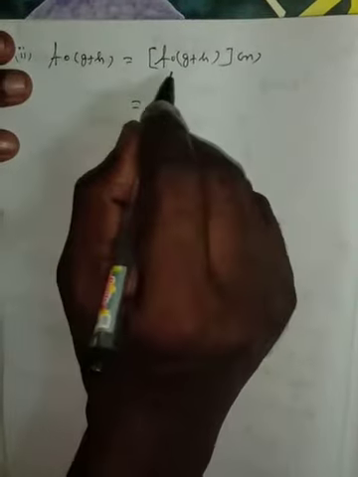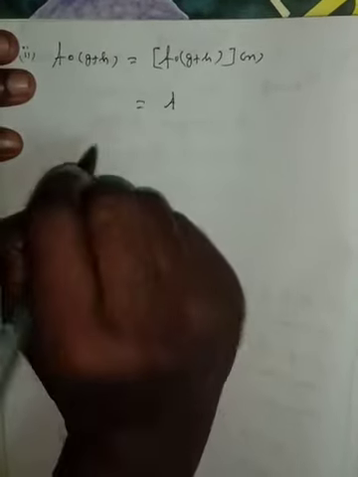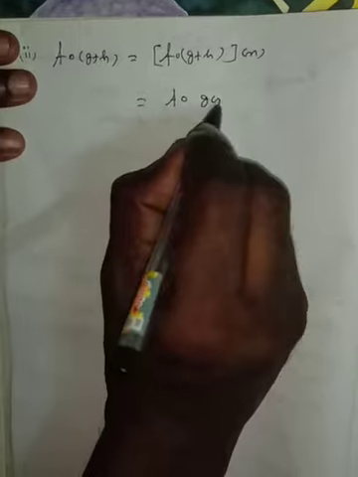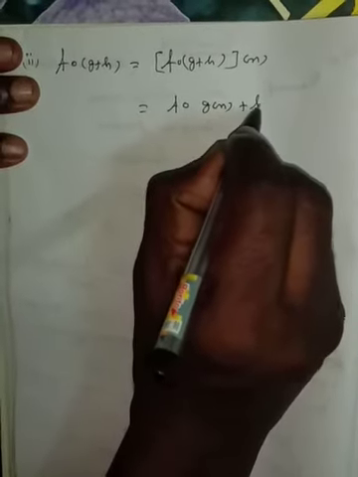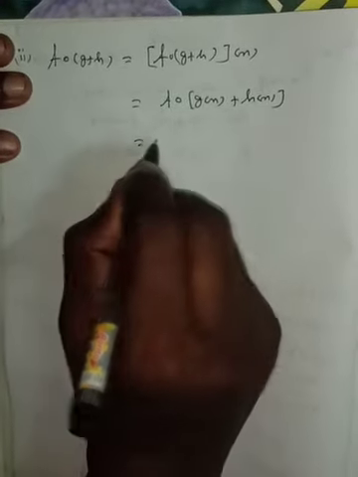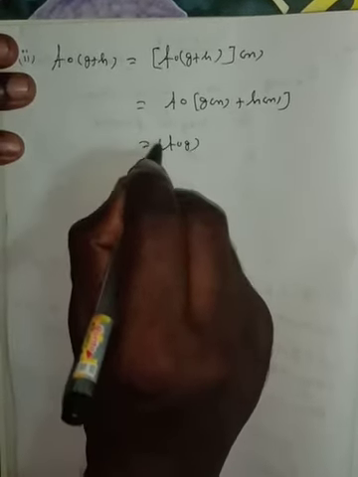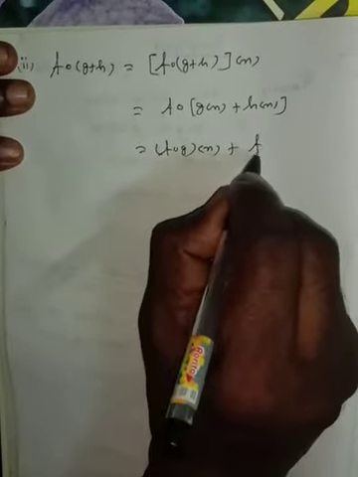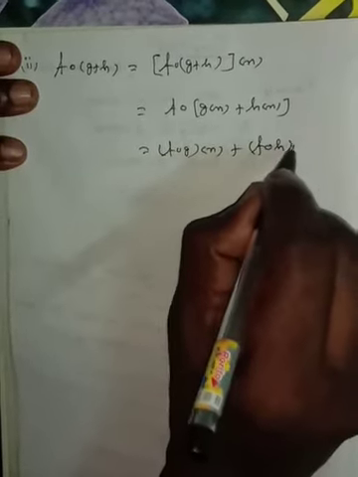This means f of (g of x plus h of x), distributing, is equal to f of g of x plus f of h of x.